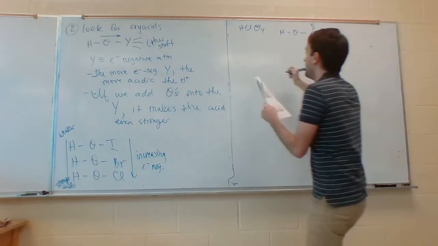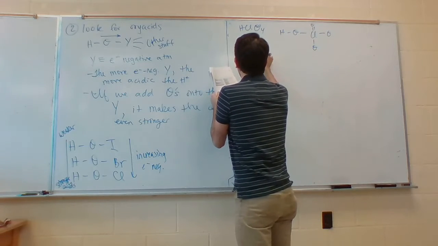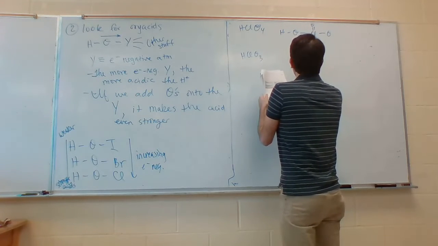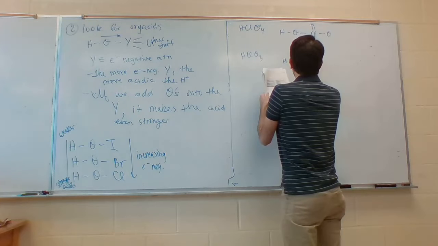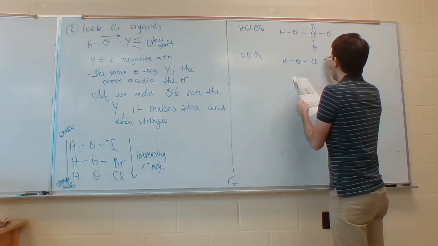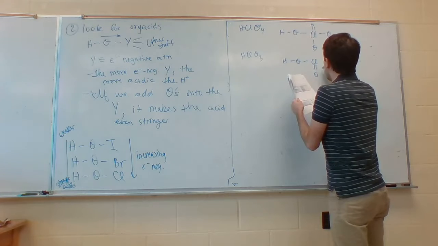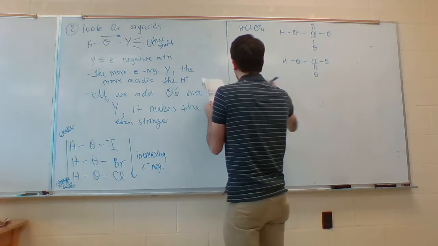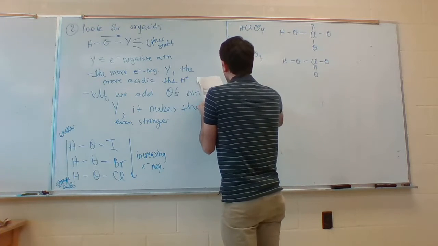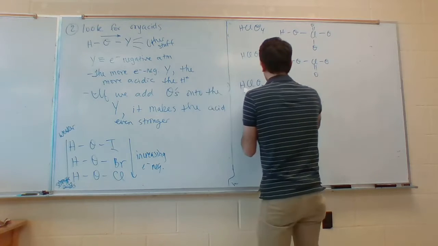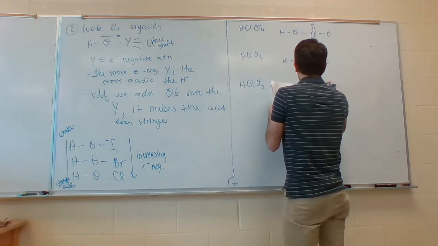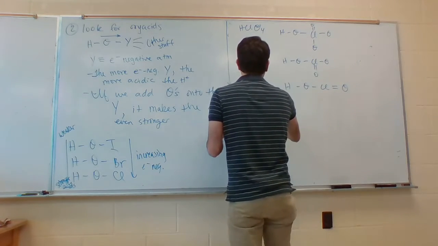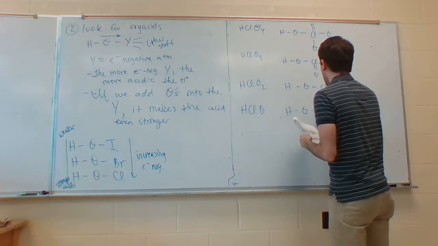Okay? And then let's compare that with HClO3, which is going to be HO attached to Cl, and then I have two oxygens attached to my chlorine, right? Well, I have three, but I have two additional ones. And then I have HClO2, which is HOClO. All right, and then I have HClO, which is HOCl.